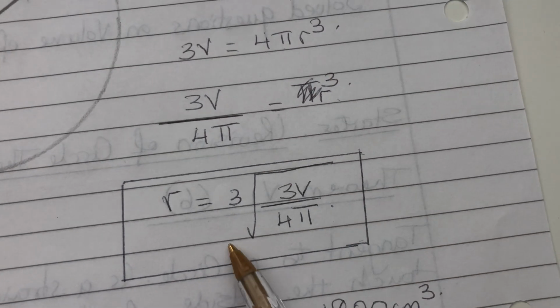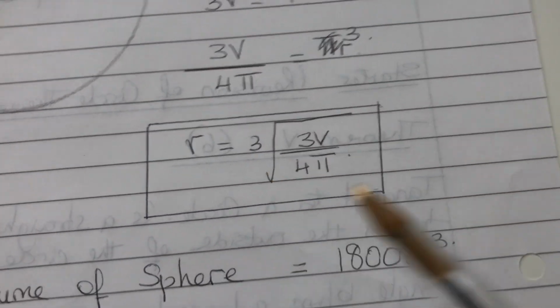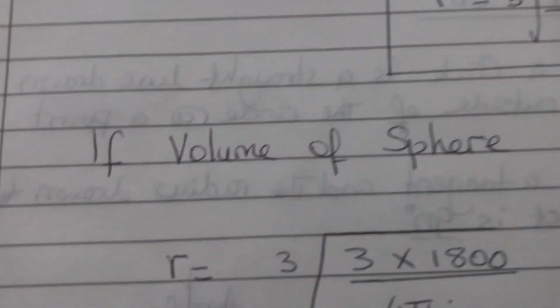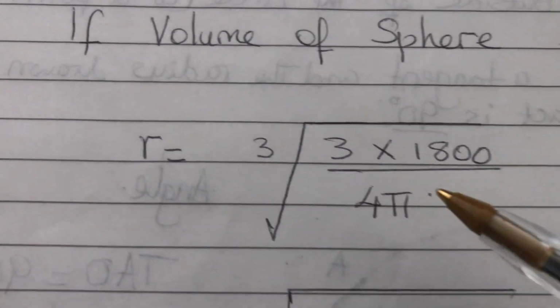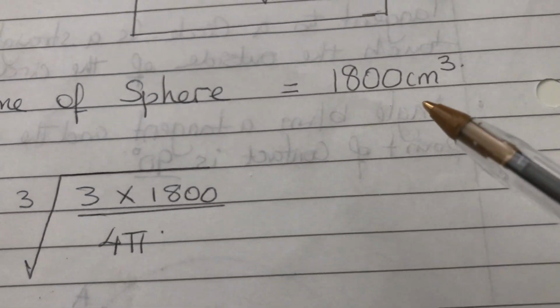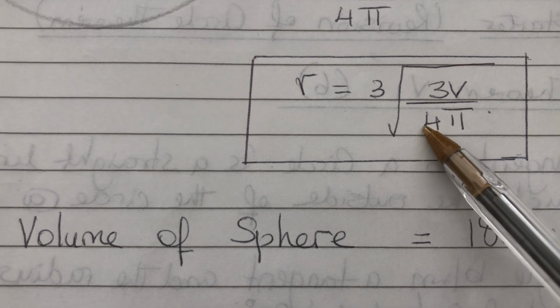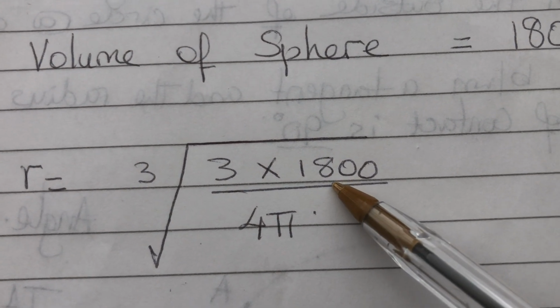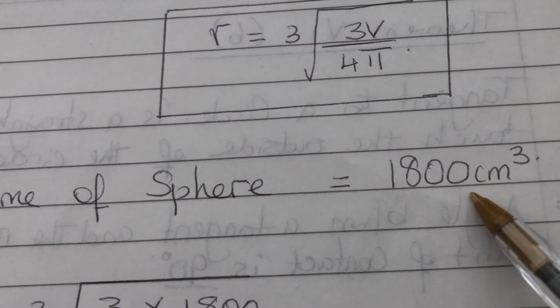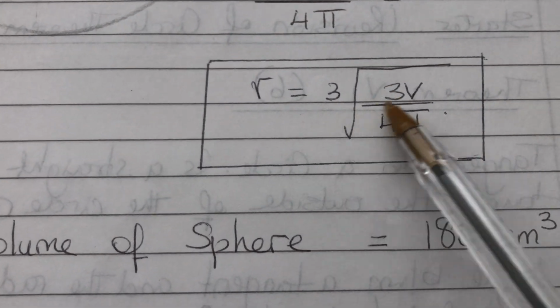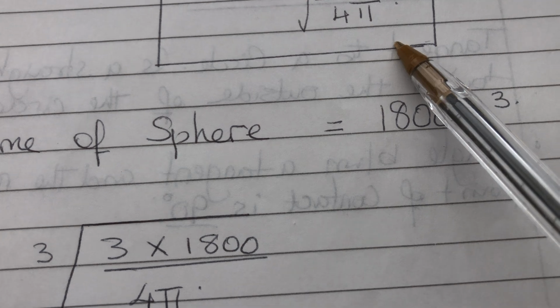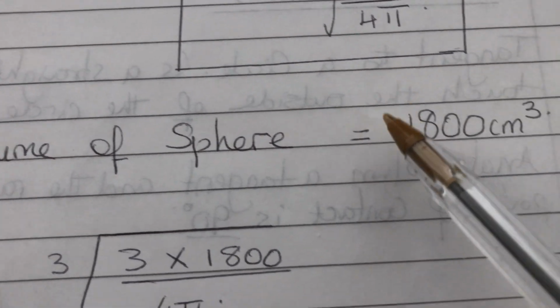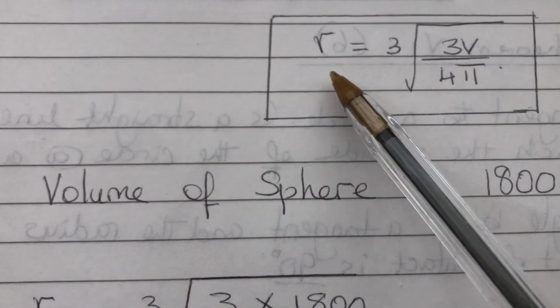So this is how we find r if we know the volume of a sphere. So now we have 3V, which is 3 times the volume, 1800, divided by 4 pi, and then we cube root it.